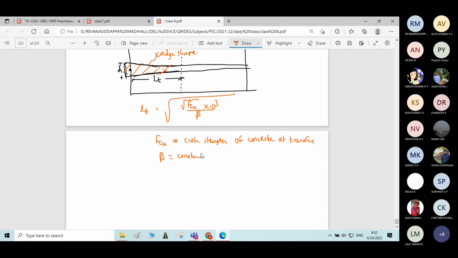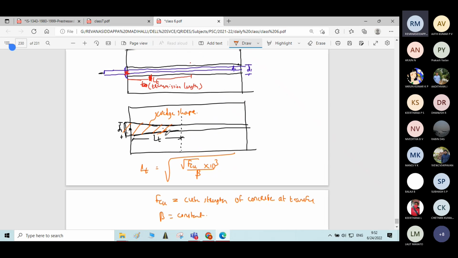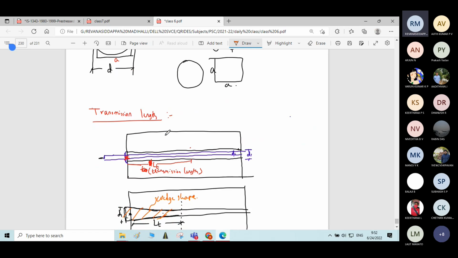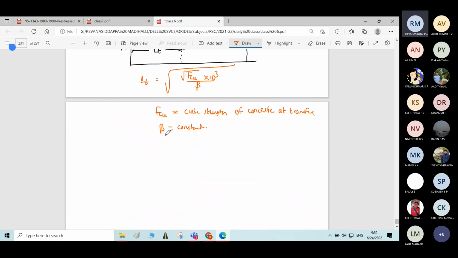Using this formula, we will find the transmission length. I hope you understood the concept of transmission length. So the theory part of this module is over. Let us go with the problems now.